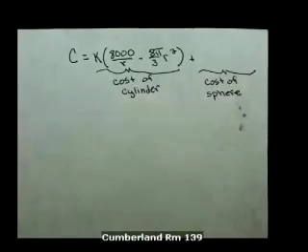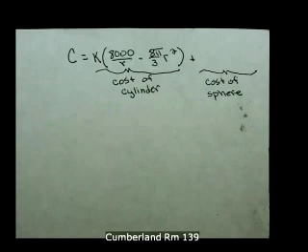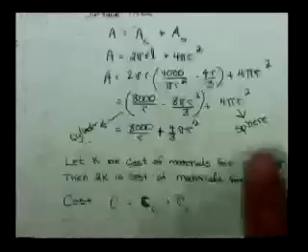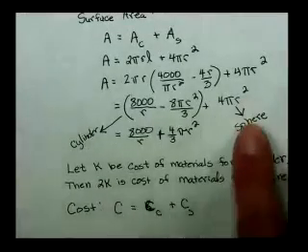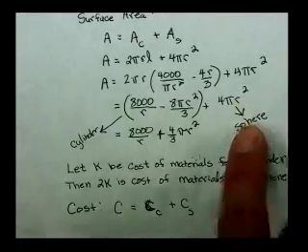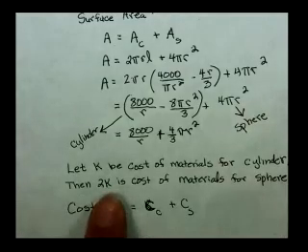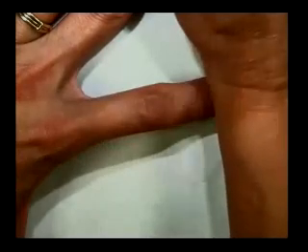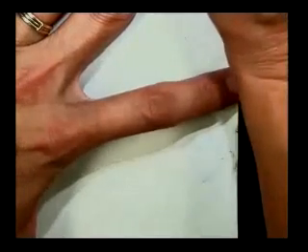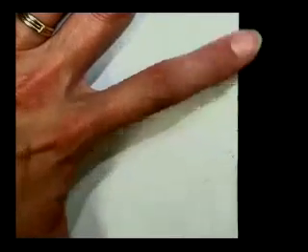I need to add to that the cost of the sphere. Tell me where to get the cost of the sphere and use all the necessary words. 4 pi r squared is the area. Times the cost of materials for the sphere is 2K. So 2K times 4 pi r squared.